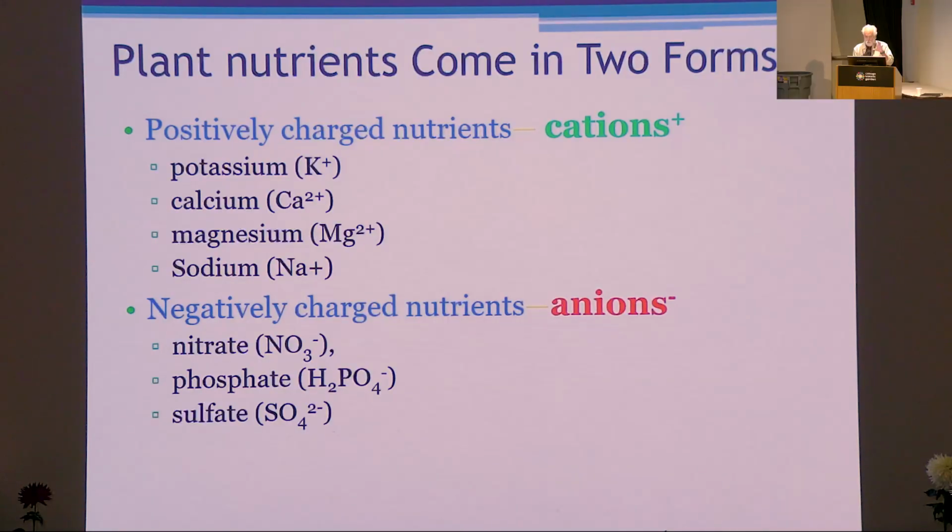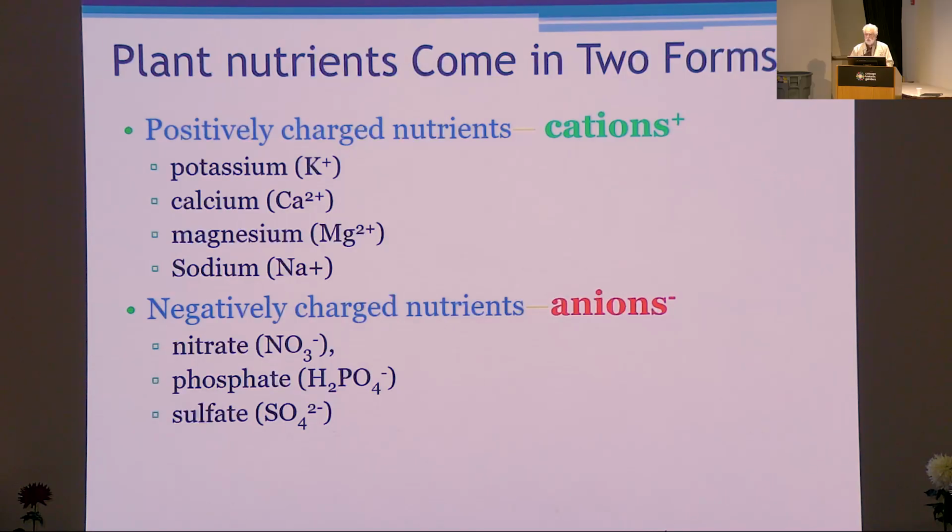Now, these macro and micronutrients occur in two forms. The reason for bringing this up is you'll see that it relates to some of the other aspects of the soil parameters that are going to be measured. There are some that are positively charged, and these are called cations. And you heard me say cation exchange capacity.